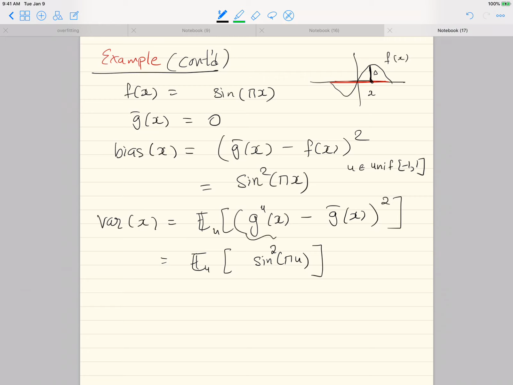Okay, so our output is constant, right? So g_u of x is v. Given any u, if this is the v, we are drawing a constant line. This is our g_u. So it's constant, but the value of that constant is v.